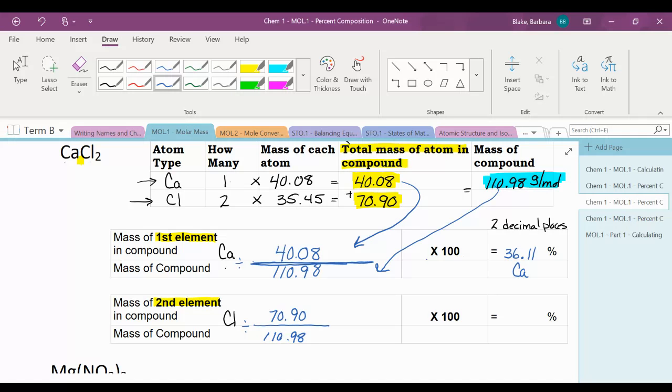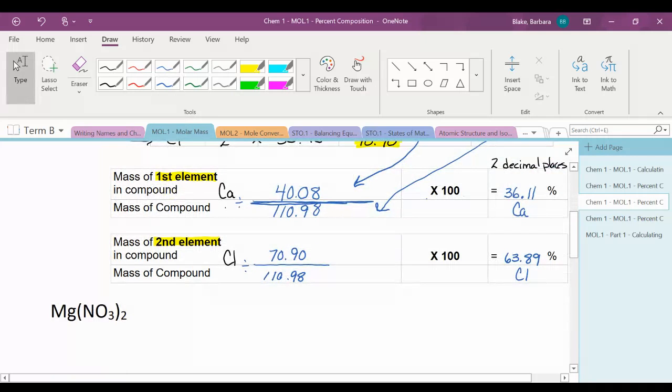And standard rules of rounding. So I have 63.885, and 5 means I round up, so I'm going to say 89%, and this gives me the percentage of chlorine. Now, all percents should equal 100.